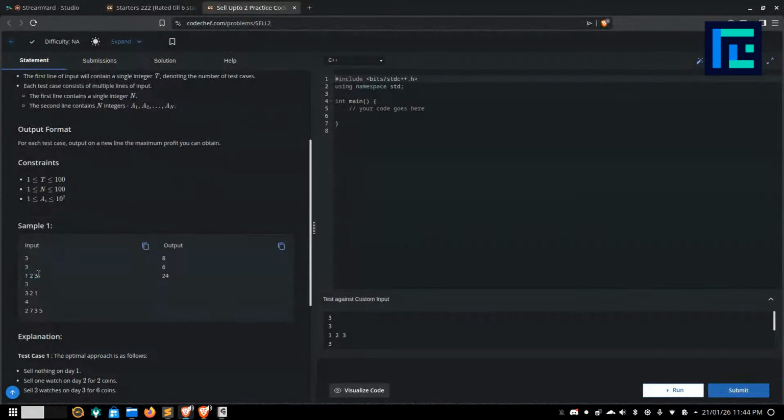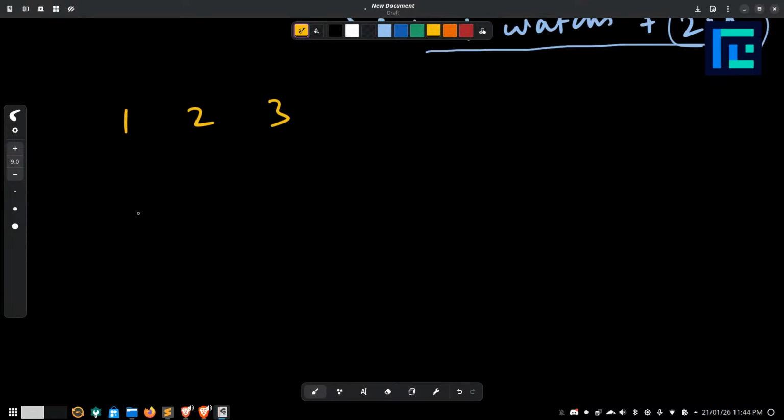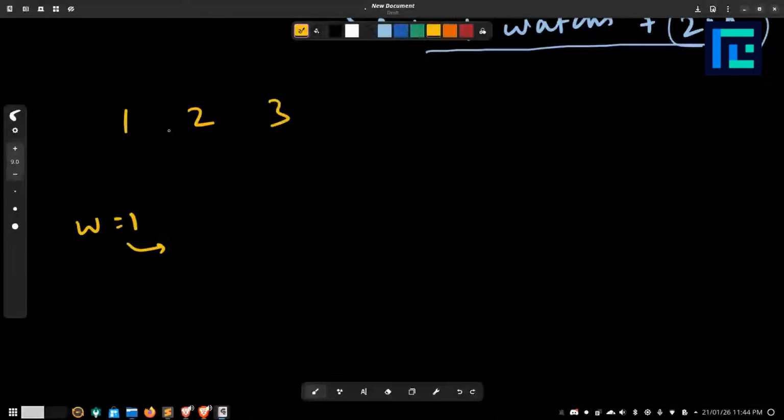So the first test case is 1, 2, 3. On the first day, I get one watch. So obviously, what do you guys think I should do? I will obviously not sell any watches on this day because the price is so low. I'll get better offers on the next day and the day after that.